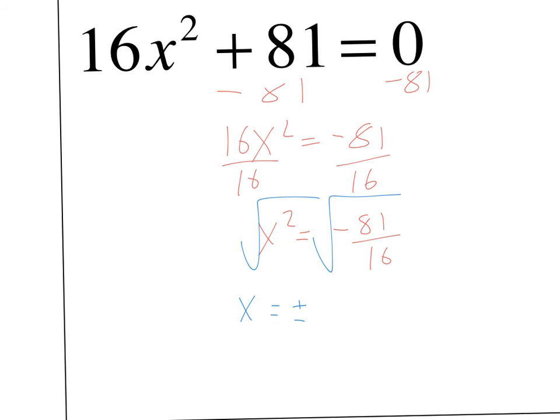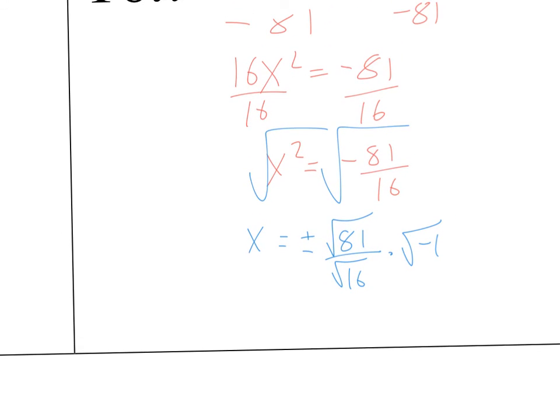X is equal to plus or minus. This is going to be a negative square root, so I'm going to rewrite that as the square root of 81 over the square root of 16 multiplied by the square root of negative 1. So I'm factoring the negative 1 out so I can deal with the rest of this. And from that I get x is equal to 9 over 4 multiplied by i.